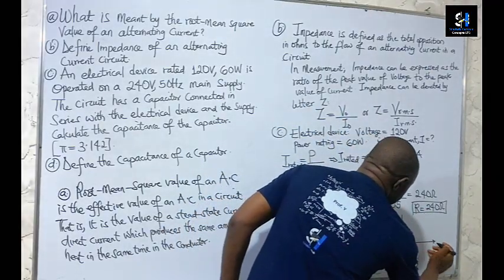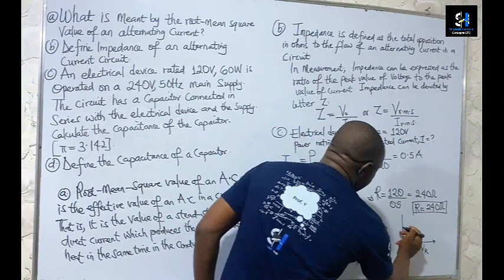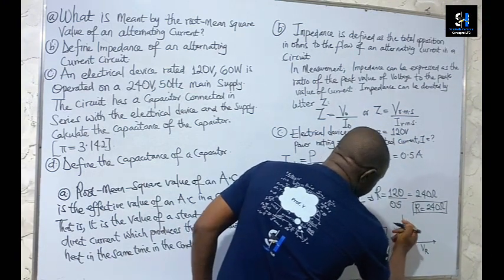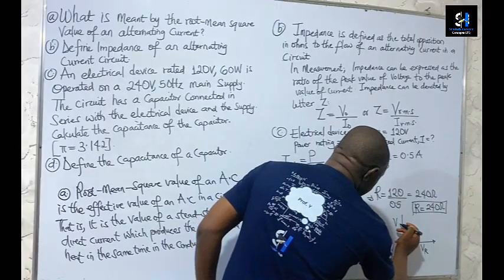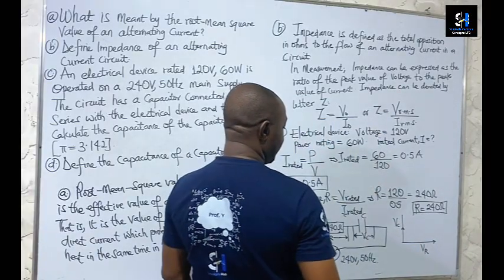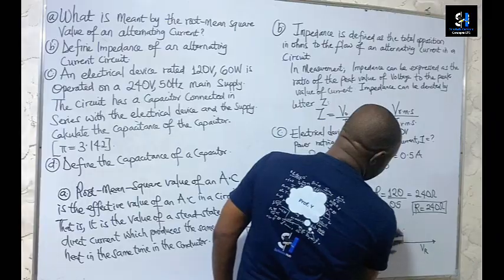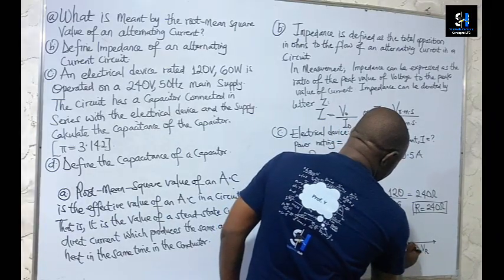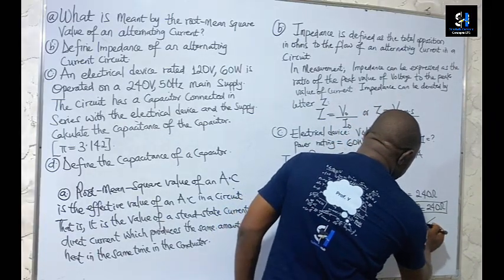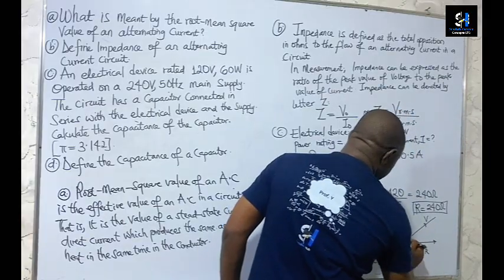This is the voltage across the resistor, and on the y-axis we have the voltage across the capacitor, which gives the effective voltage, the voltage source.